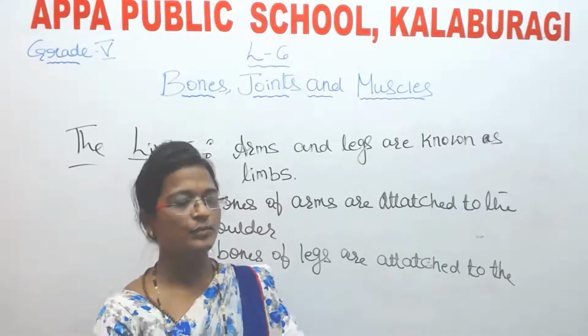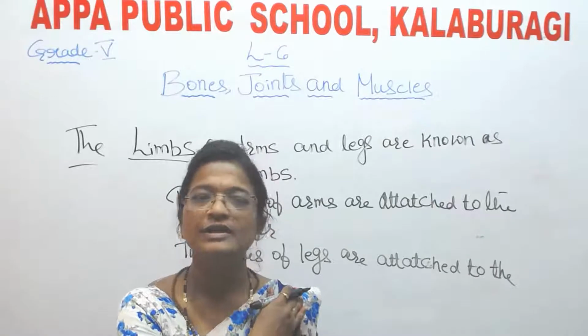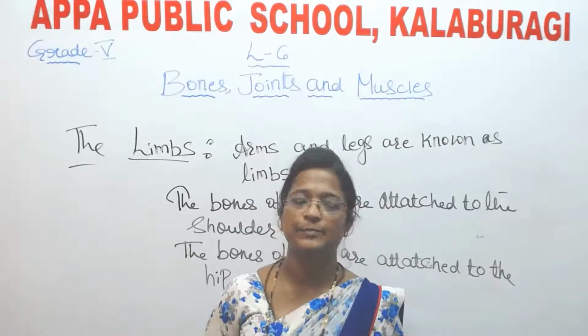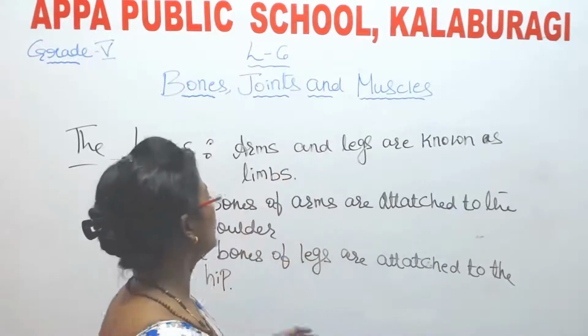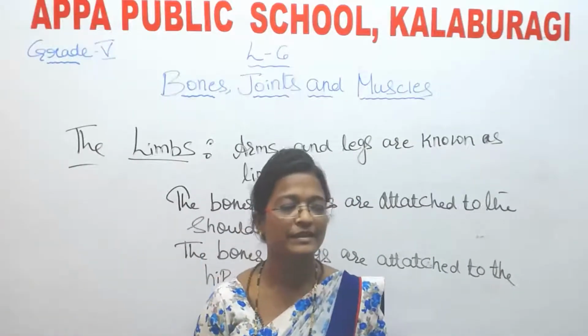Okay, so the bones of the arms are attached to the shoulder, and the bones of the legs are attached to the hip.